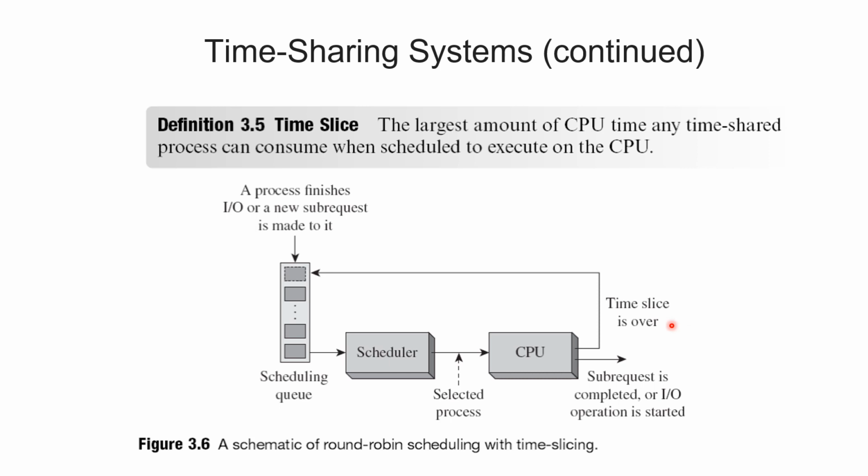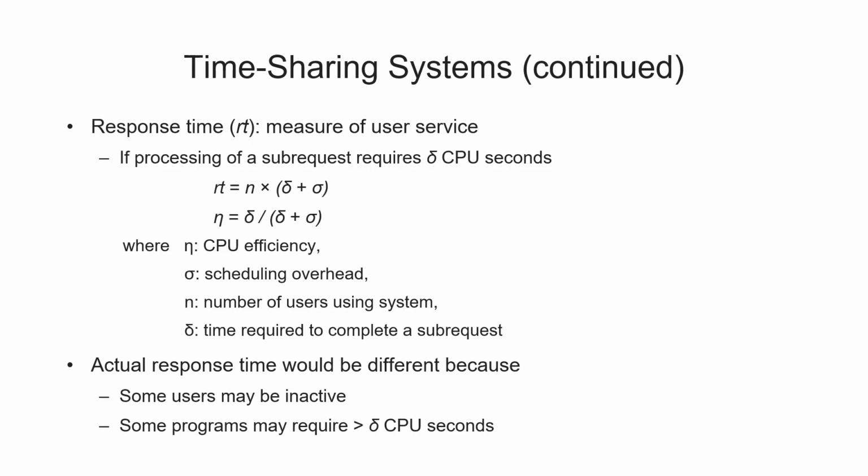Now what do you mean by time slice? It is the largest amount of CPU time that any time shared process can consume when scheduled to execute on the CPU. That is called the time slice, denoted by delta.